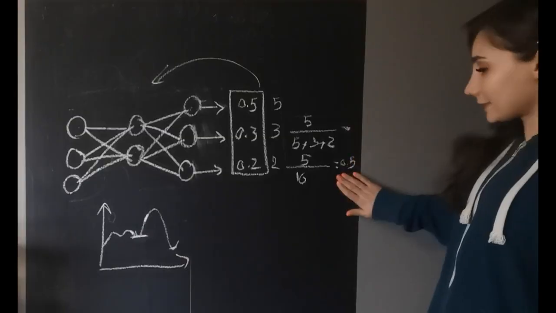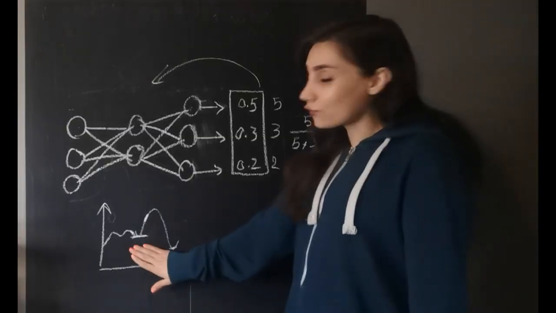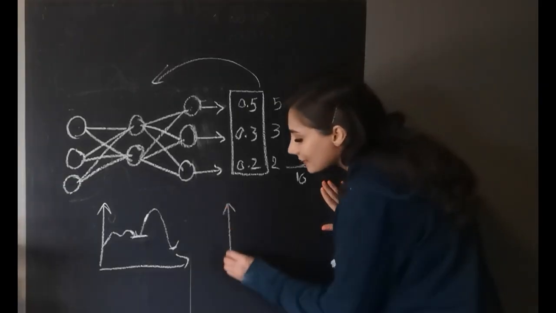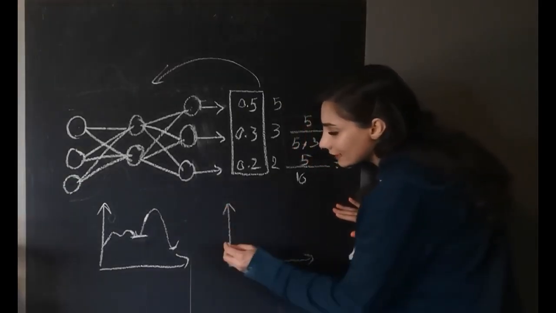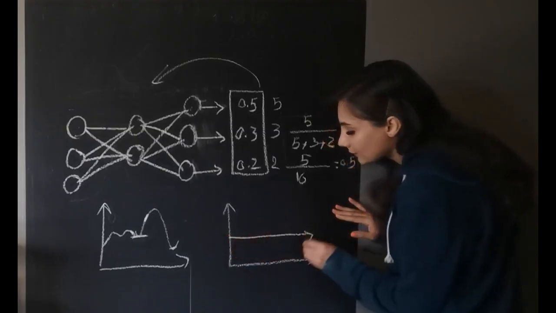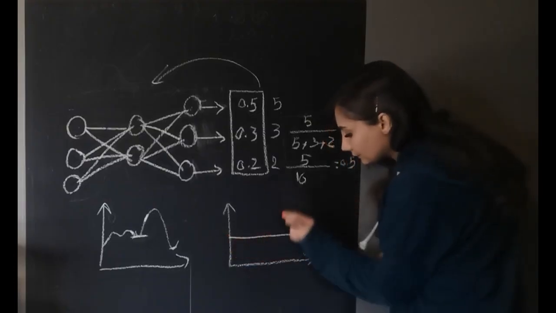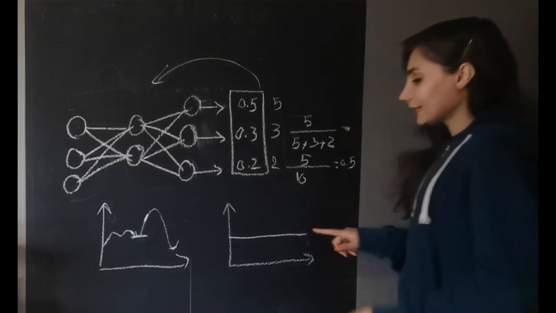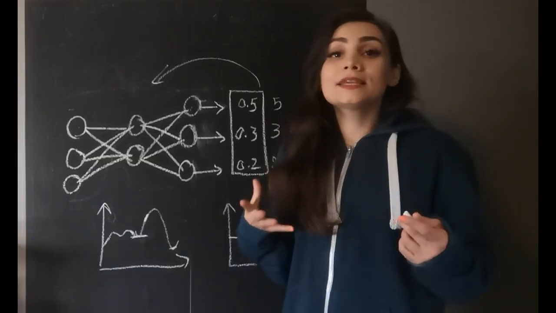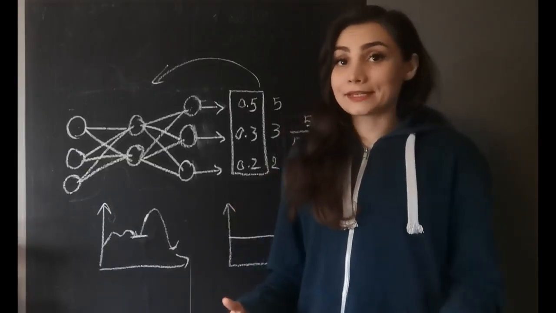So what is the problem with this? As we talked about, flat lines are not good. When you want to plot something like this, you're going to get a flat line. And what is the problem with a flat line? A flat line means that no learning is happening.